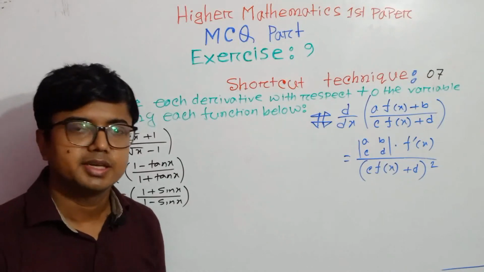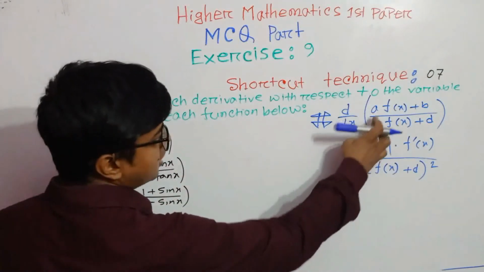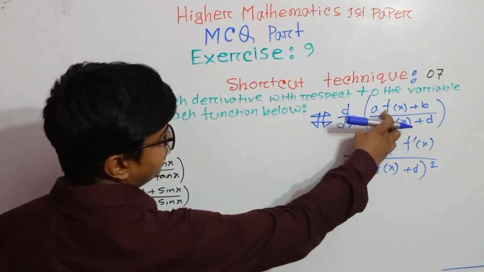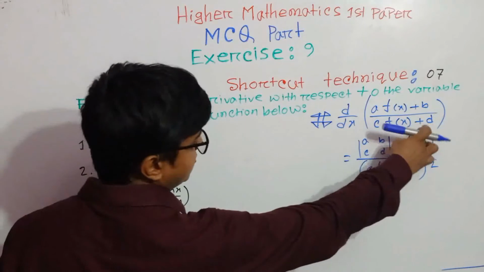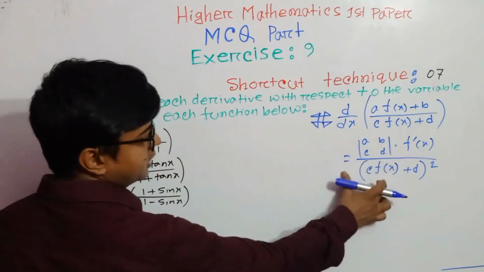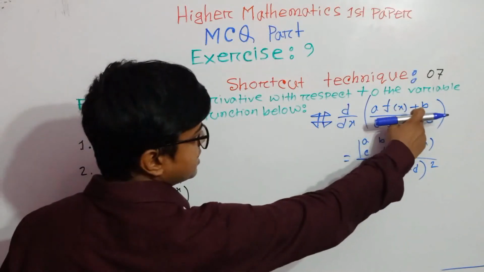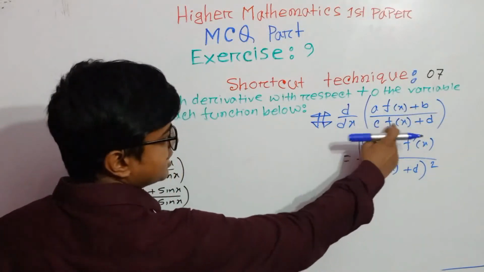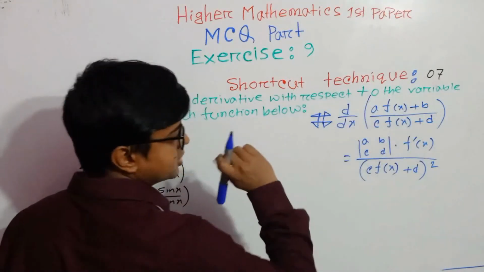Now shortcut technique 7. Here d/dx of (a into f of x plus b) by (c into f of x plus d). For this type of math we can apply this formula. Here a means the coefficient of f of x, b means the constant, c means the coefficient of f of x, and d is the constant.